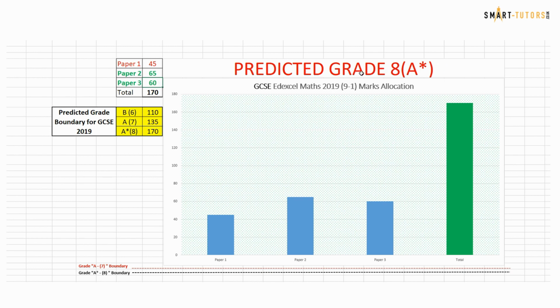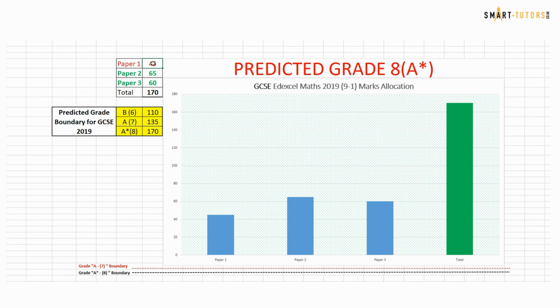So the predicted grade, if you get 45, 65, 60, which secures 170, is a marginal A star for your GCSE maths. So remember, in your upcoming papers, paper 2 and paper 3, you have to score more than 60 marks. Assume that you haven't done enough in paper 1.